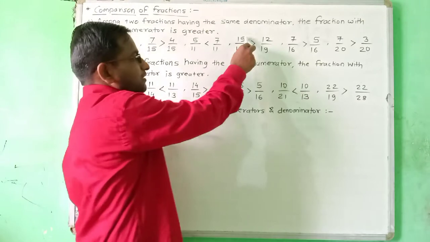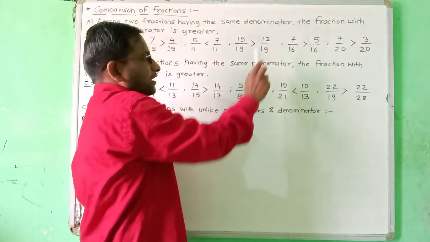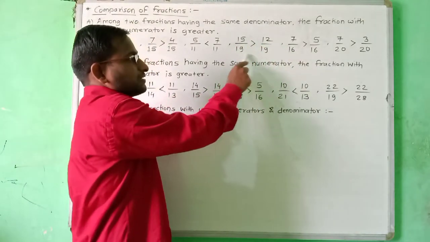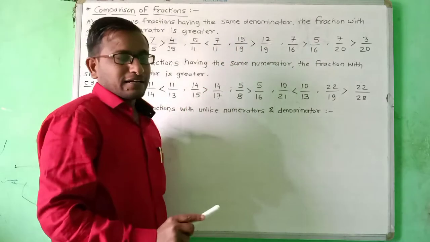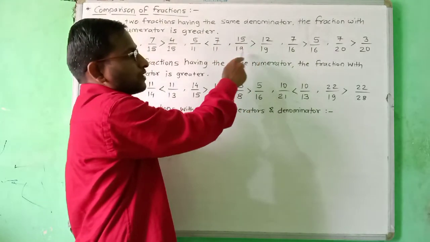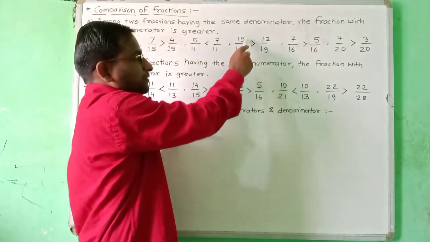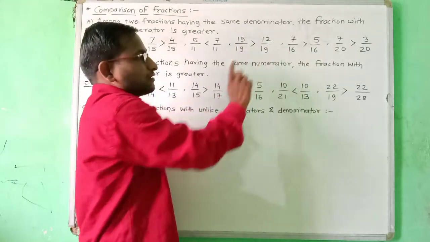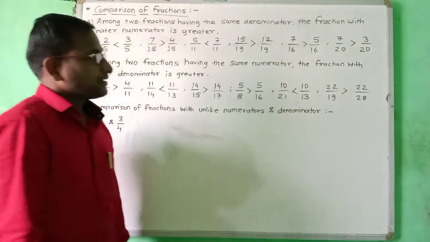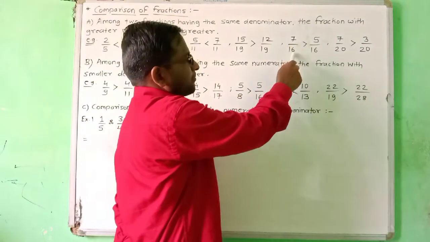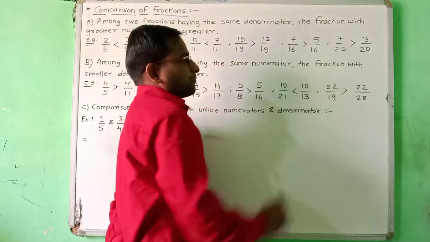In the next example, 15 upon 19 and 12 upon 19. Again here 15 is greater than 12, and the denominators are the same, so 15 upon 19 is greater than 12 upon 19. Next example, 7 upon 16 and 5 upon 16.